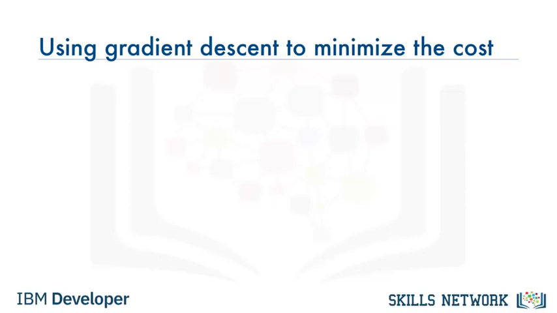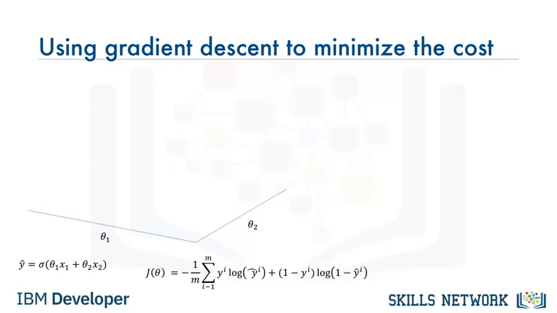Think of the parameters or weights in our model to be in a two-dimensional space. For example, theta 1, theta 2 for two feature sets, age and income. Recall the cost function, j, that we discussed in the previous slides. We need to minimize the cost function j, which is a function of variables theta 1 and theta 2.